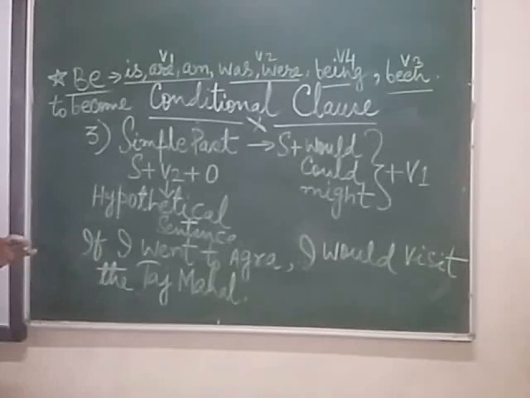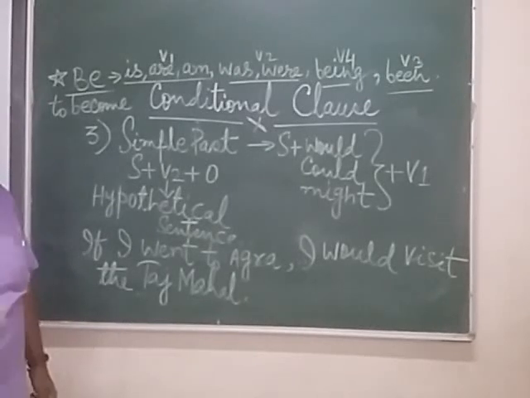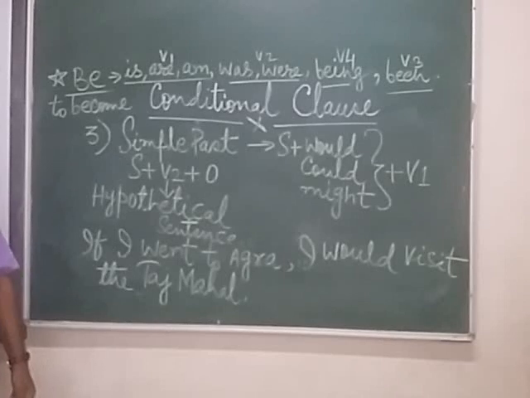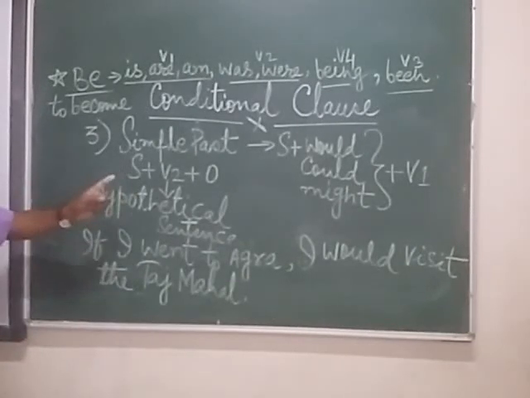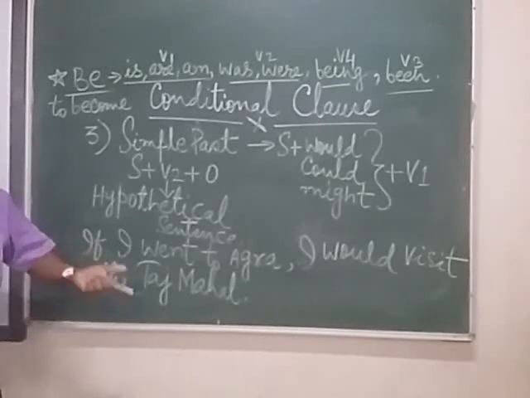Likewise, that is the third sentence. So remember, condition number 3 and condition number 4, these two are hypothetical sentences, but they are used in different structures. And these are actually condition number 3 and condition number 4. These two sentences are unreal sentences.